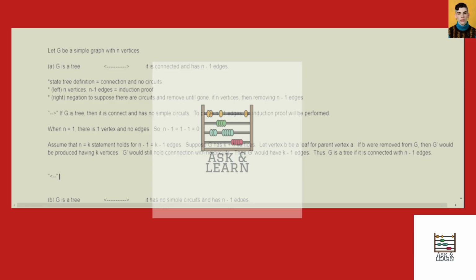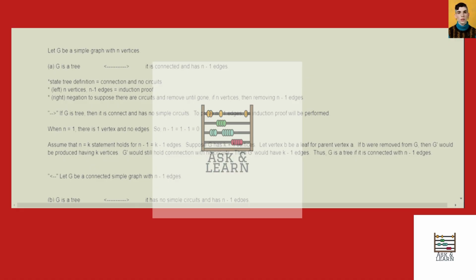So then for the right direction, let G be a connected simple graph with n minus 1 edges. So it's connected, it's got n minus 1 edges.